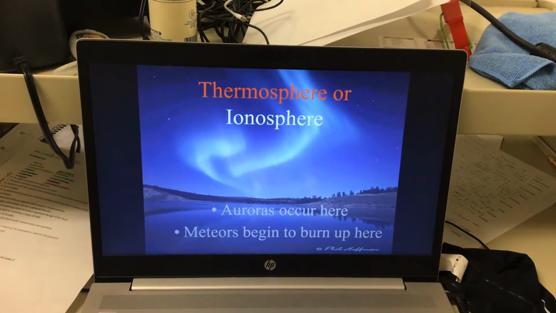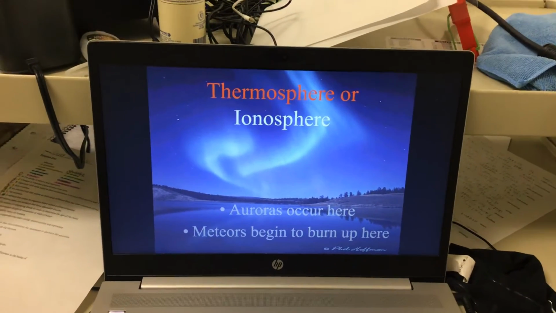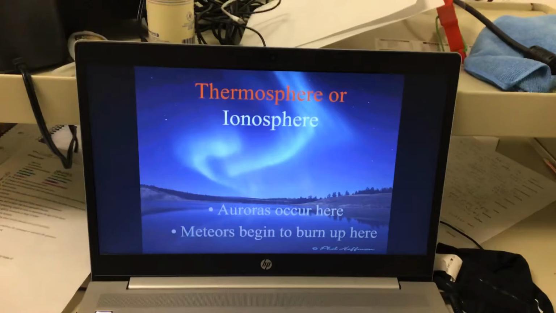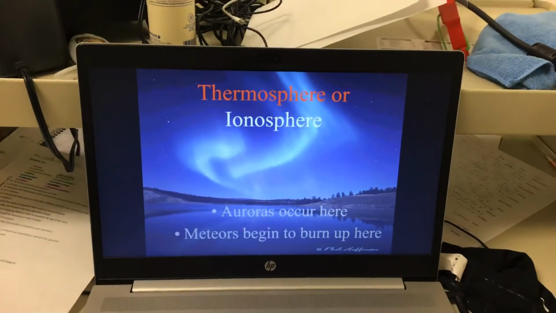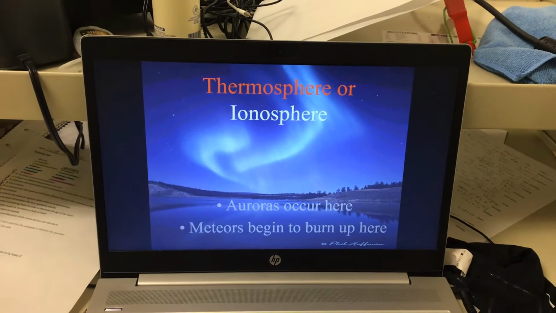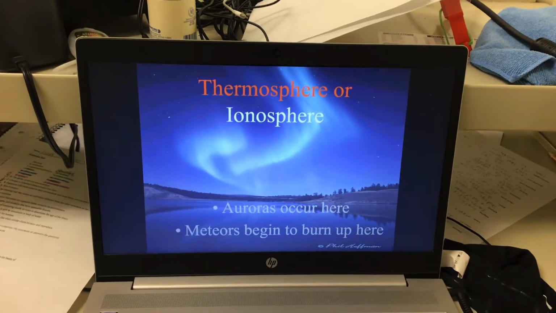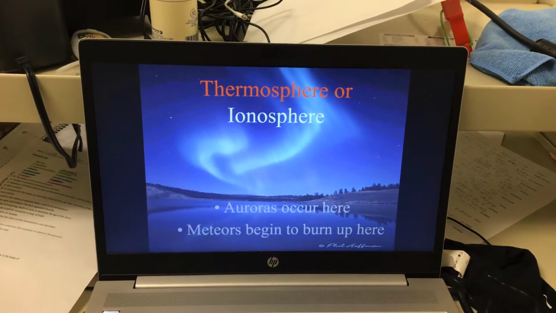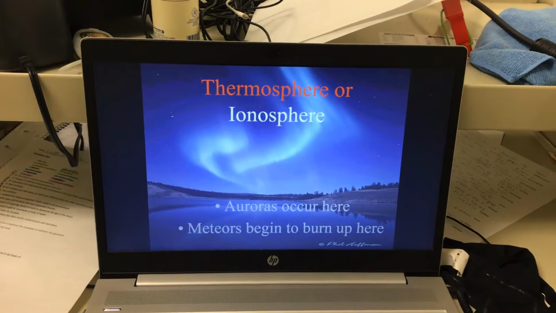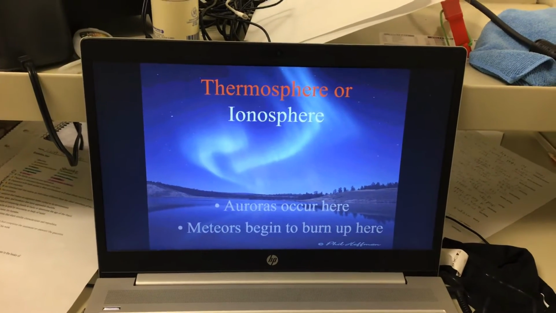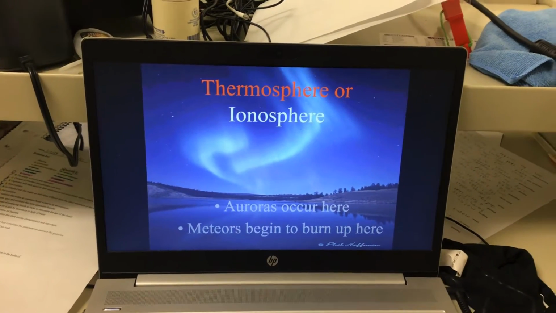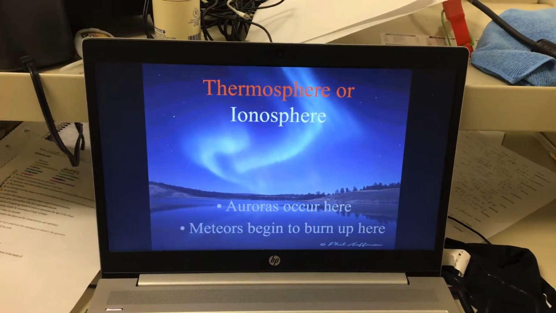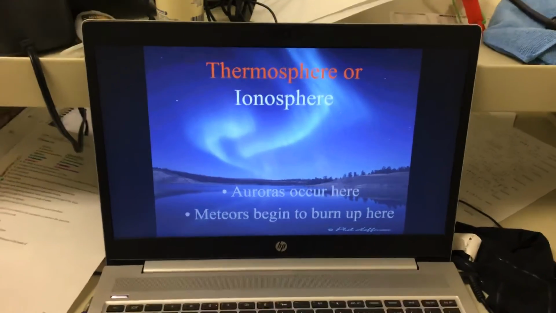If you've ever rubbed your hands together really hard and fast, your hands are going to warm up due to friction. Well, if you have a meteor falling through the atmosphere at hundreds of miles per hour, and it hits air molecules, those air molecules are going to create friction, which is going to create heat, which is going to burn up the meteor, okay?